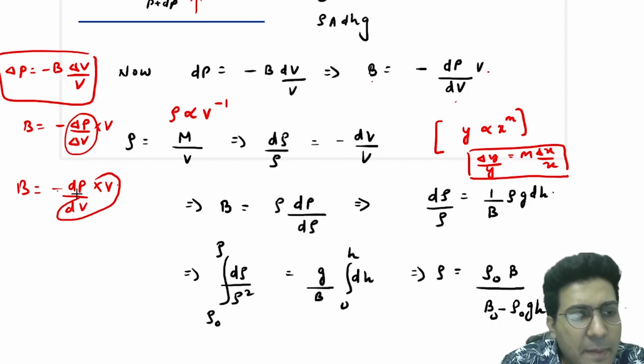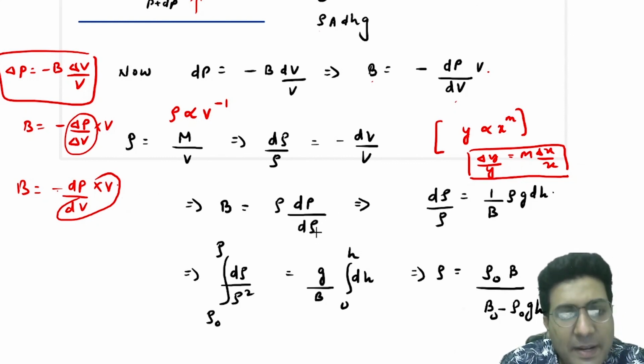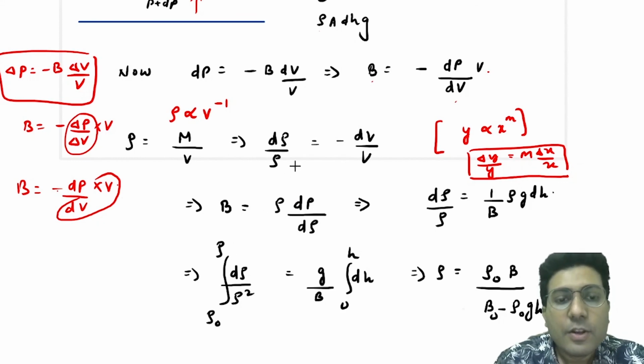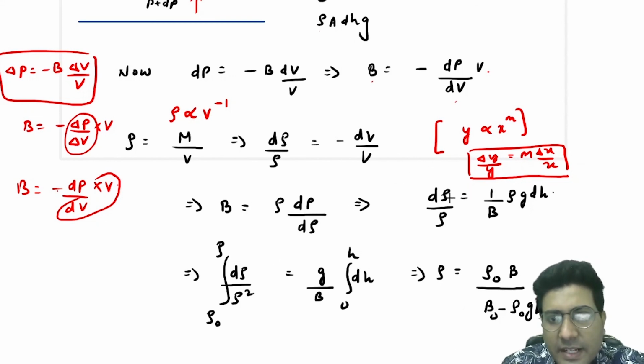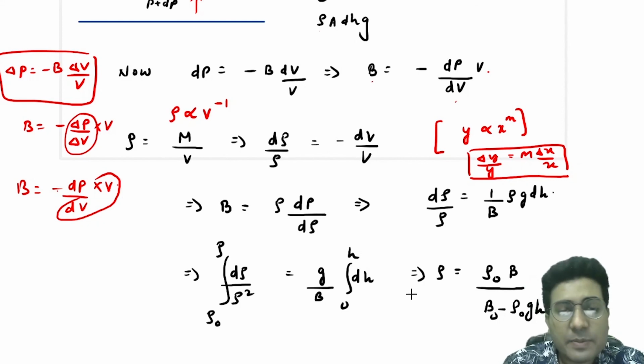So it will become minus dP divided by d rho by rho. From this you will get d rho by rho is equal to 1 by B into dP, which can be written as rho g dh. So from this you will get d rho by rho square is equal to 1 by B into g into dh.